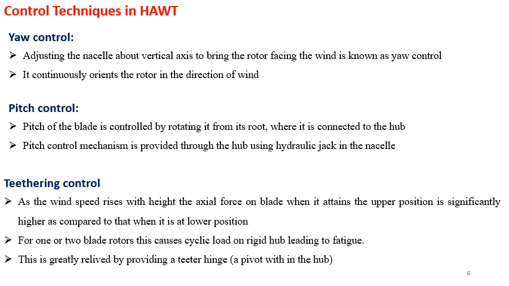At wind speed above the rated value, part of the available wind power is not used, or spilled, as a consequence of changing the pitch angle of the rotor. So these are the control techniques which have to be used in a horizontal axis wind turbine.